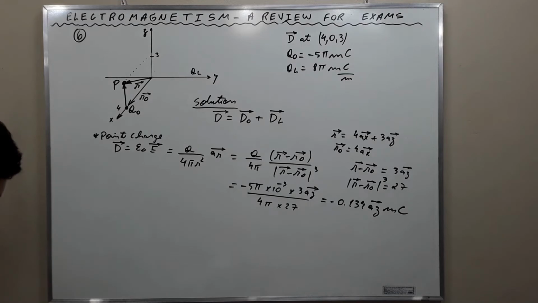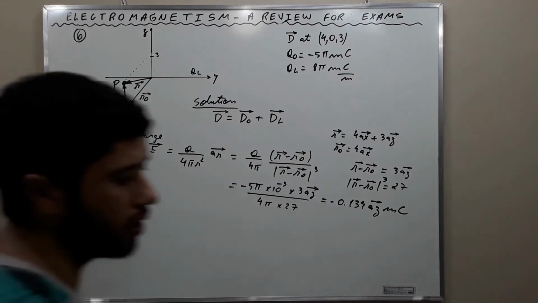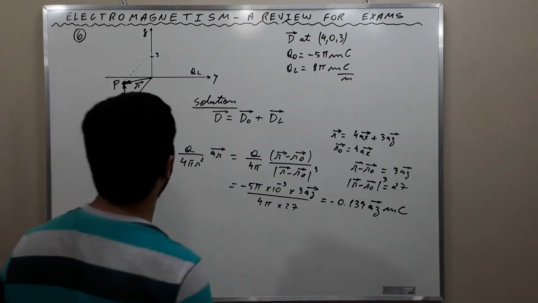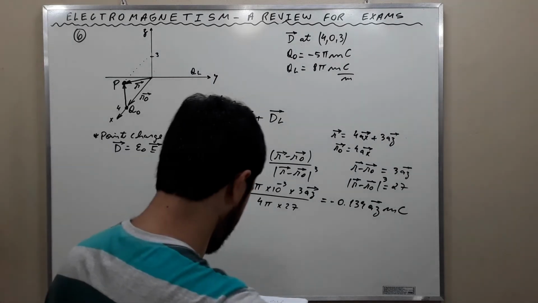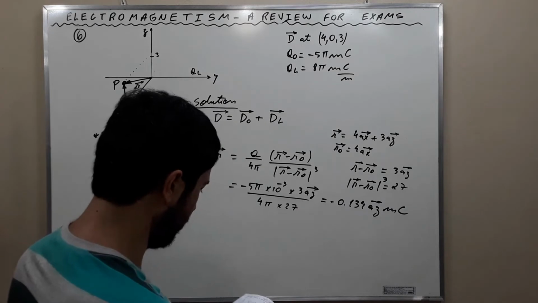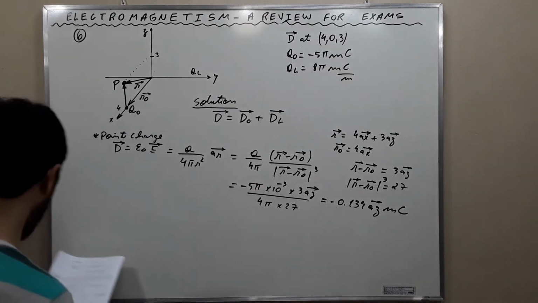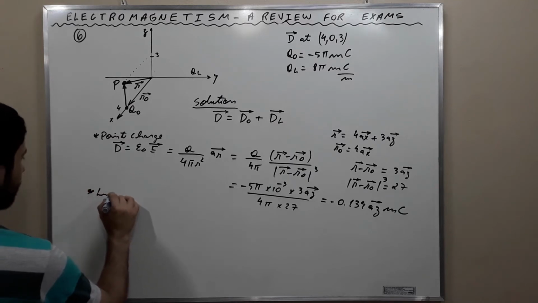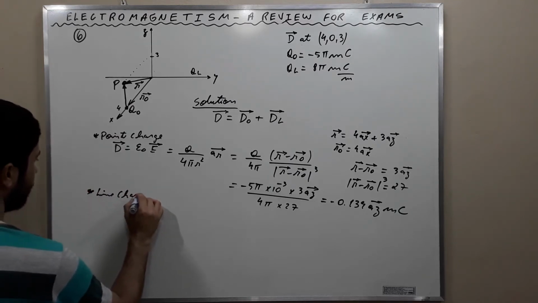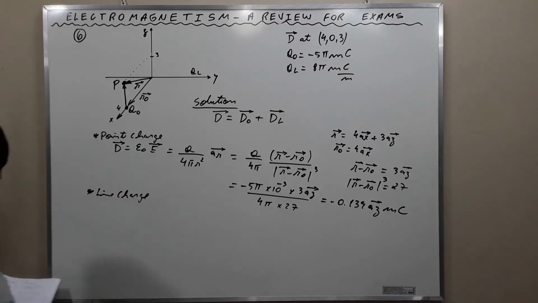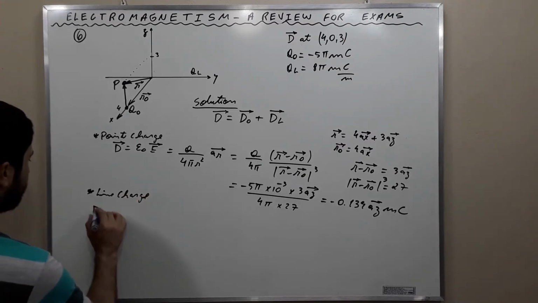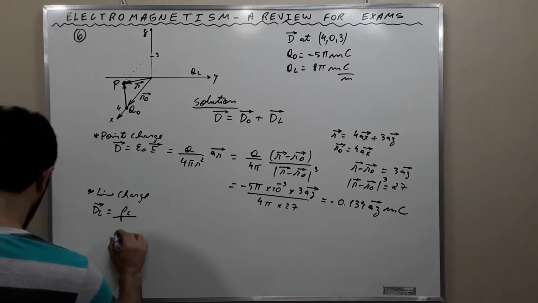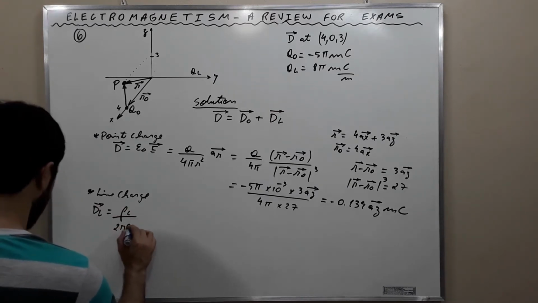Now let's do the same for the line charge. Okay? And after we calculate this for the line charge, we are going to sum the values. For the line charge, DL is equal to rho L over 2 pi rho a rho.